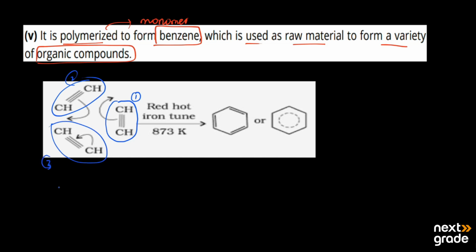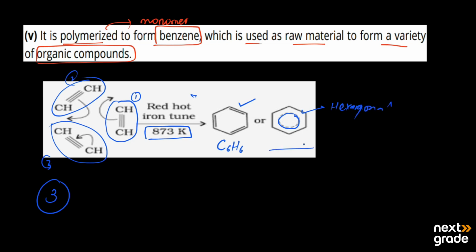So here we have three monomers of the alkynes. They combine in the presence of red hot iron tube at a temperature of 873 Kelvin and we gain the product known as benzene. Its molecular formula is C6H6. We can also show the double bonds with the help of a circle in the hexagonal ring. So this is the simple production of benzene.